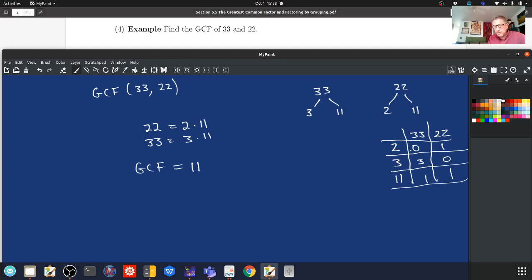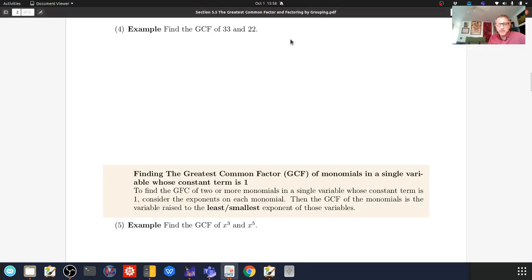So anytime a row has a 0 in it, you can just ignore it. So the GCF is 11 to the first power, which is equal to 11.